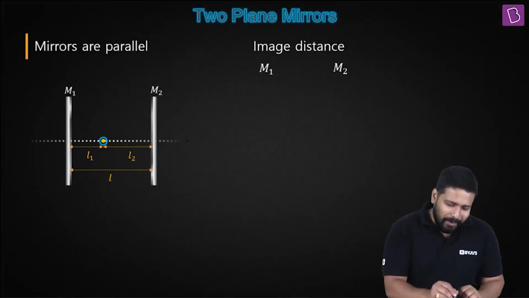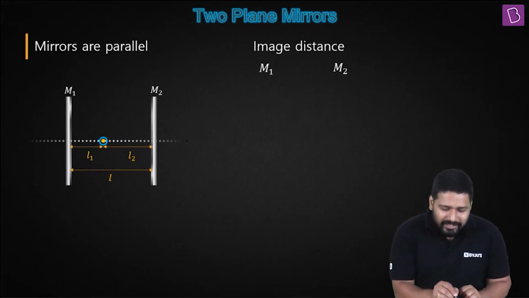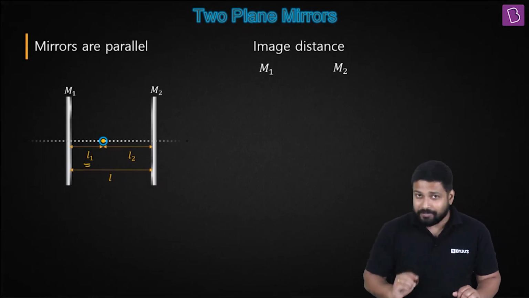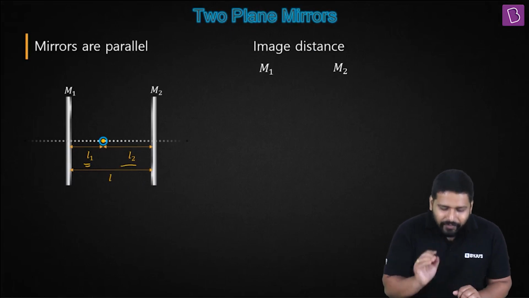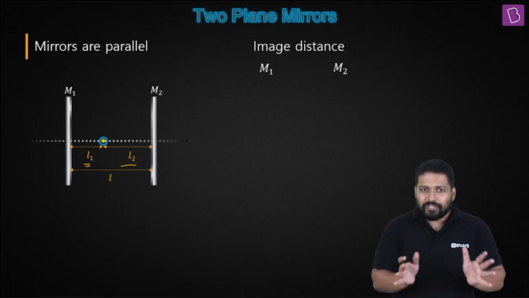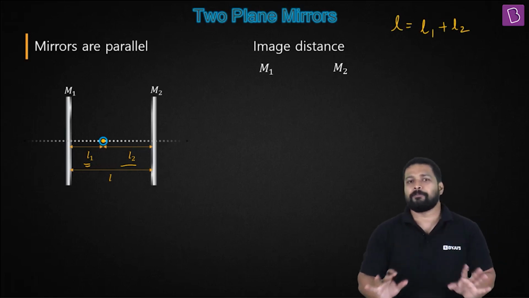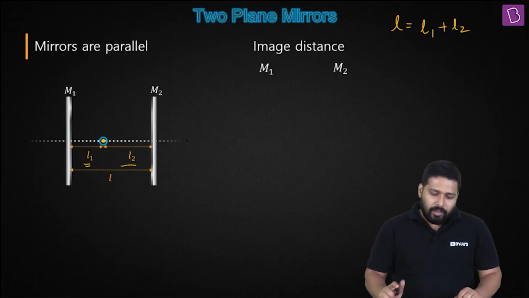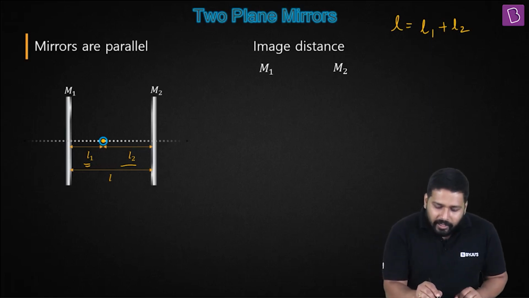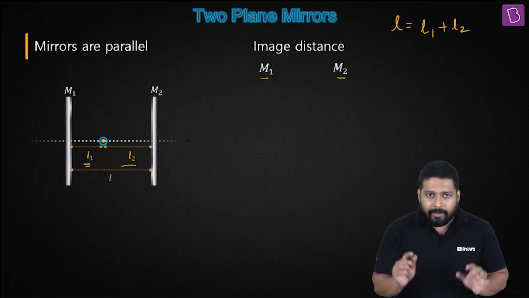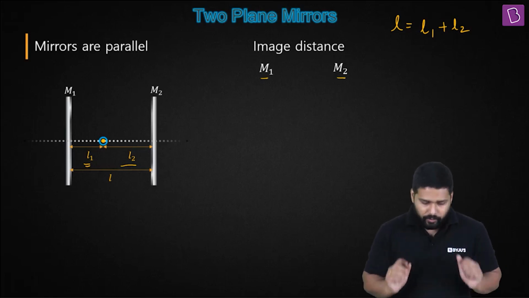Let's say you have placed an object over here which is at a distance of L1 from the first mirror, and it is at a distance of L2 from the second mirror. Of course, the distance between the two mirrors, L1 plus L2, I have taken equal to L. Now I'll write M1 and M2, and you write it just as I'm doing it.